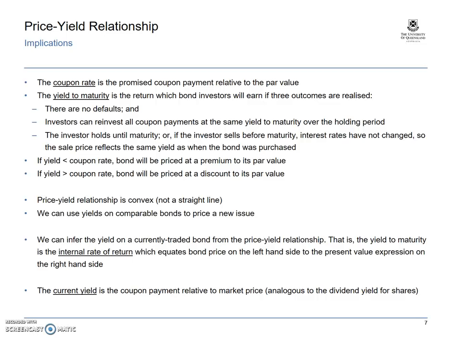And so that's the yield to maturity. The current yield is the coupon payment relative to the market price. So that's similar to a dividend yield on shares. Importantly, the current yield is different to the yield to maturity.